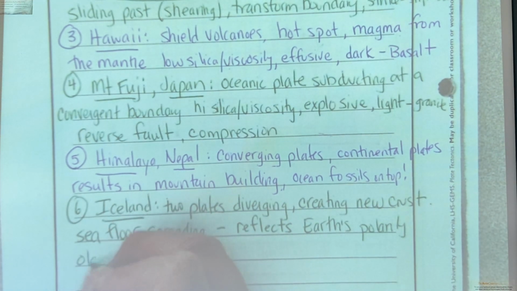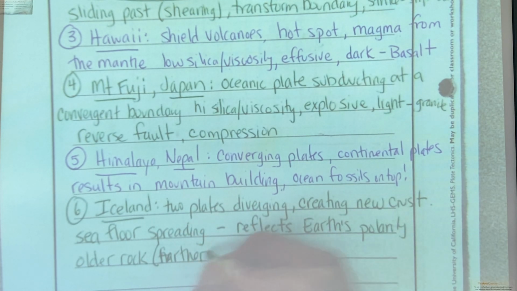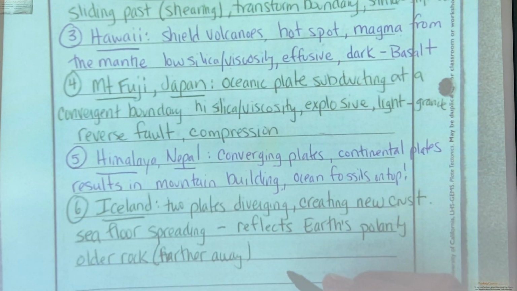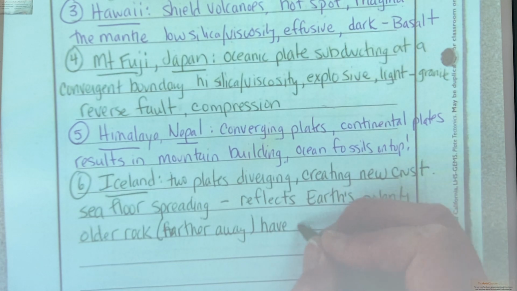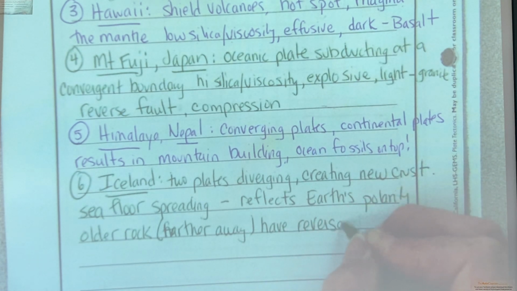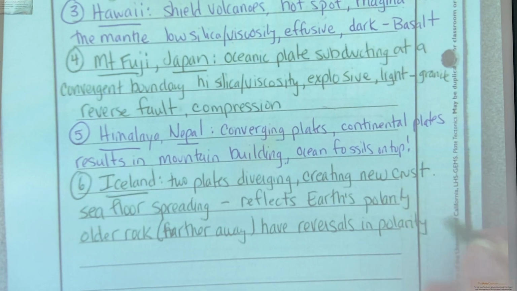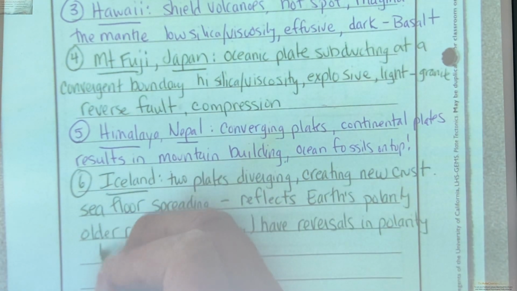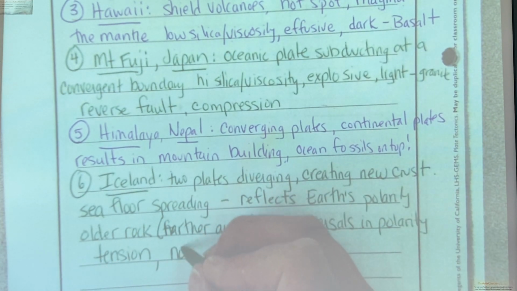The older rock is farther away from the center of the ridge, and it has reversals in polarity. So we see the compass pointing south as we go away. And that would be tension as it pulls apart. That's the force, and it is a normal fault.